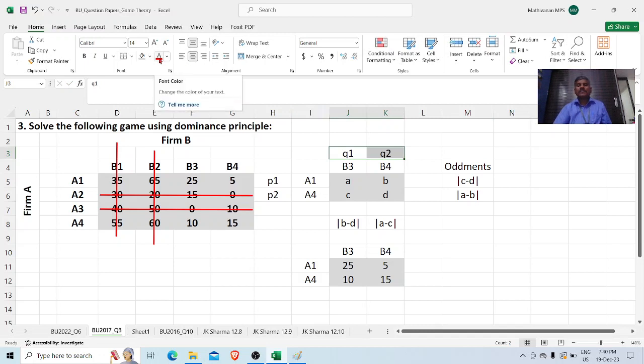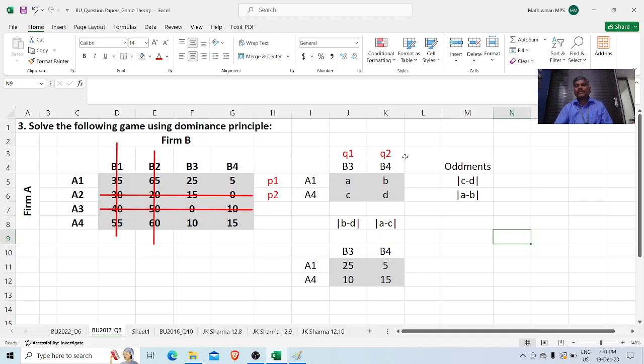When we have the question as solve the game, we need to find the optimum strategies for firm A and firm B and then calculate or identify the value of the game. Here we need to identify the probabilities with which firm A and firm B will use these two strategies.